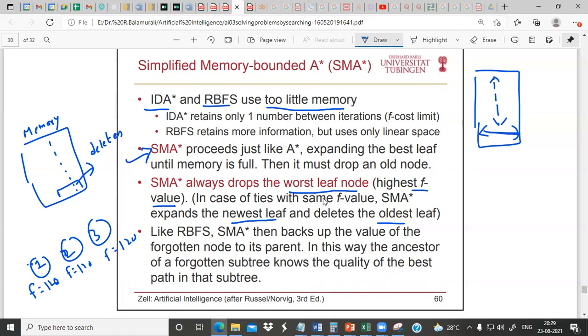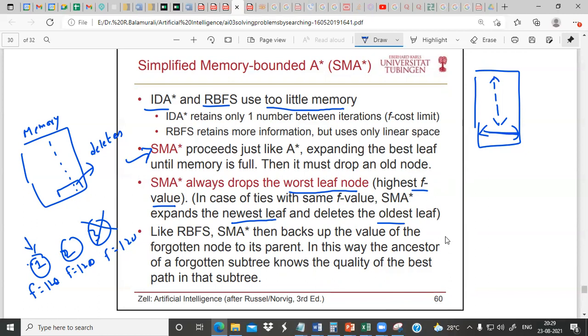Which one will you keep and which one will you drop? The newly created child will be kept and the oldest leaf will be deleted first, and then we continue the algorithm. Again, if memory is full, then again drop the worst node. That is how the algorithm proceeds.